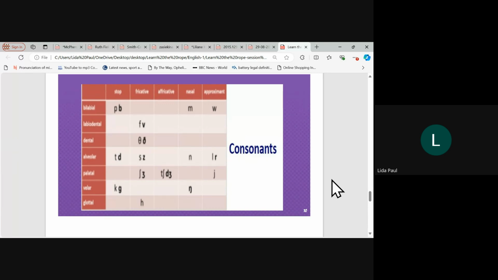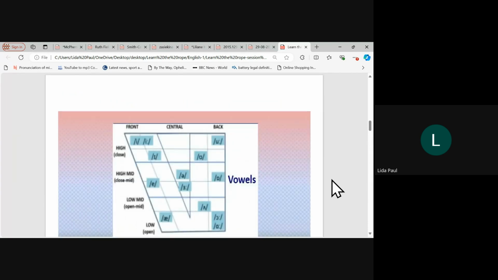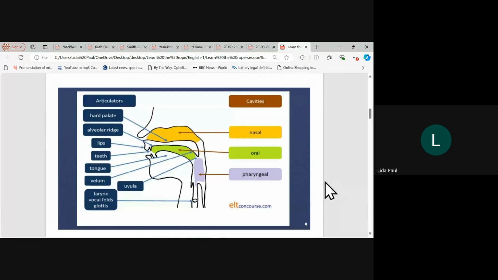So when we were looking at the vocal tract, we did discuss the articulators, right? One thing is based on places of articulation, like you see in the chart.